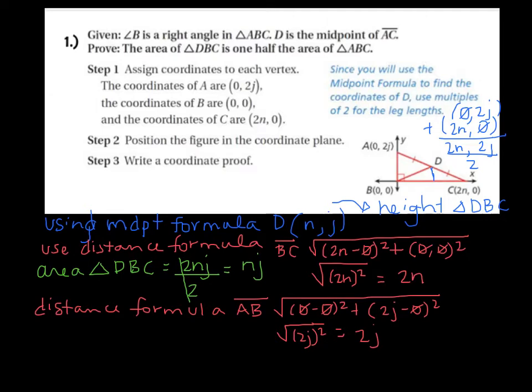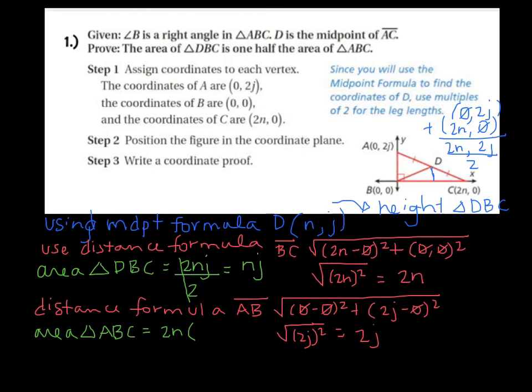So now I can find the area of triangle ABC, because remember we're trying to compare those two. So I'm going to do that using base times height divided by 2 once again. So I know that my base of my triangle was the distance between B and C, which I calculated as 2n.